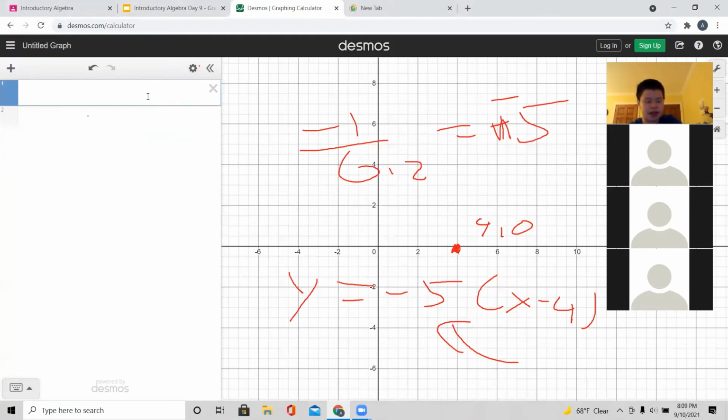So how about you guys try it for yourself? So y equals 0.1x plus 2.